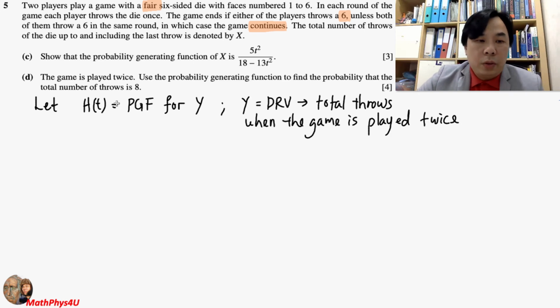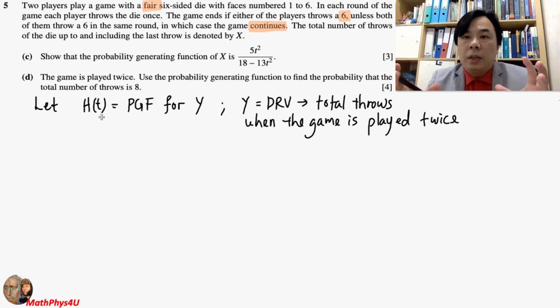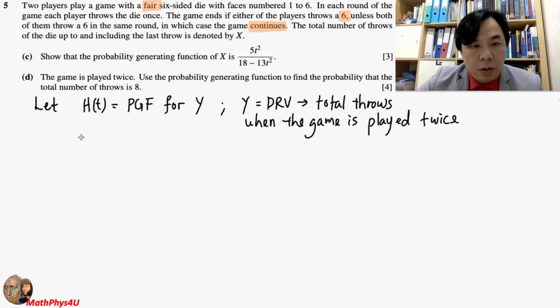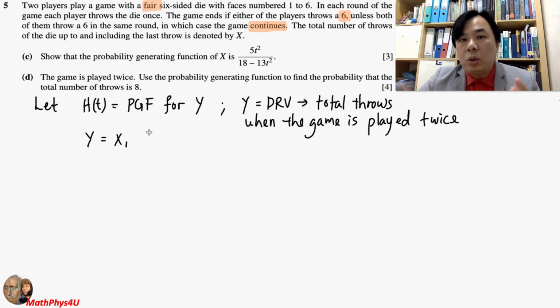Right? So for this, because the games are independent, by definition, the new probability generating function for y can be written as the, before that, let me show you what y actually represents in terms of the variable x here. So y is basically the sum of the total throws from the first game and from the second game, which are independent of each other.